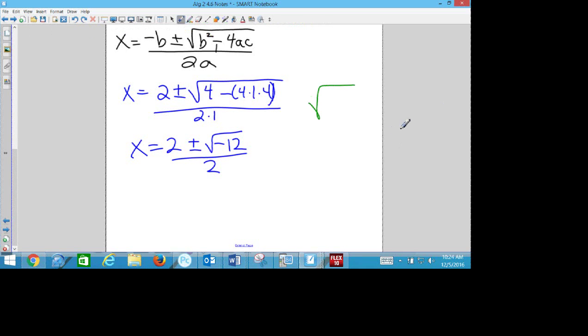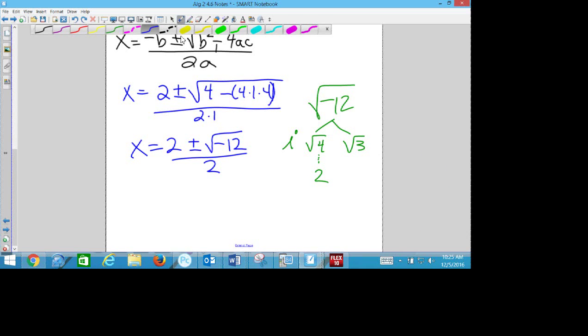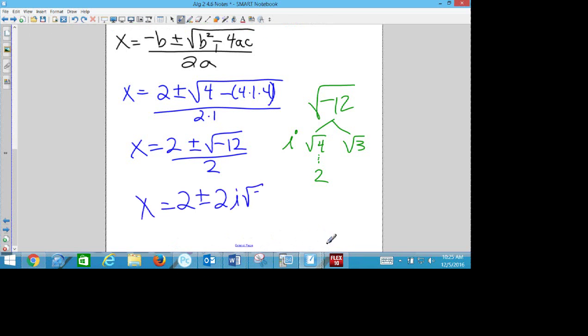How do I simplify square root of negative 12? We have an i, and then square root of 4 and square root of 3. And that square root of 4 becomes a 2. So I will rewrite this as x equals 2 plus or minus 2i radical 3 all over 2.